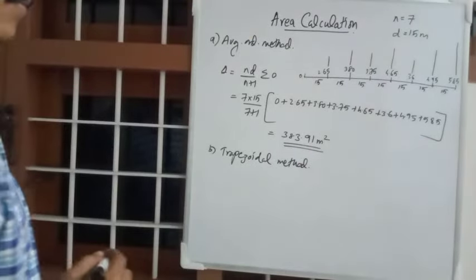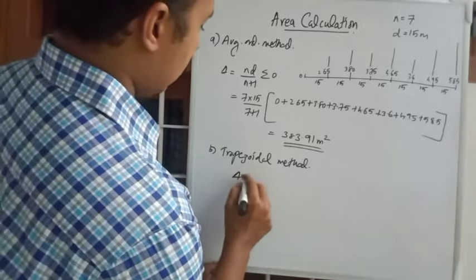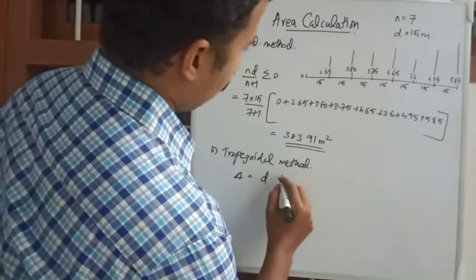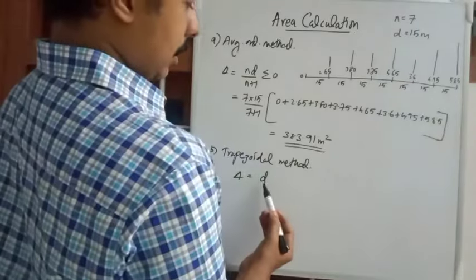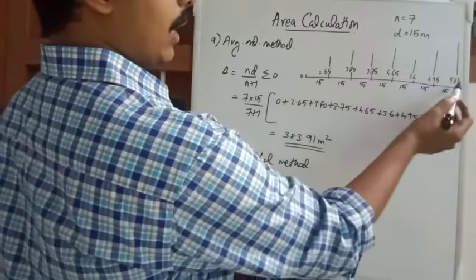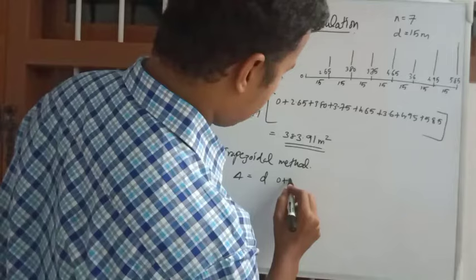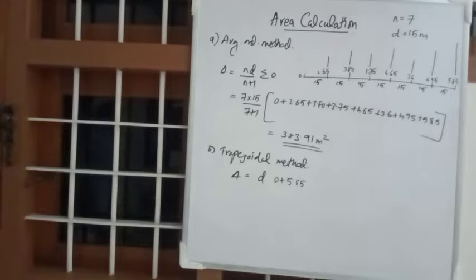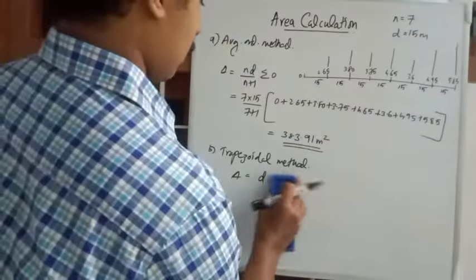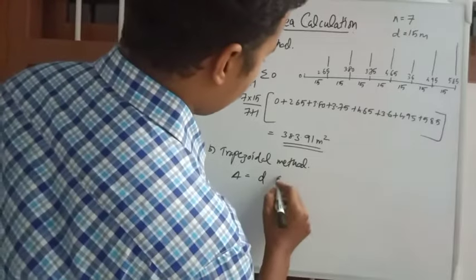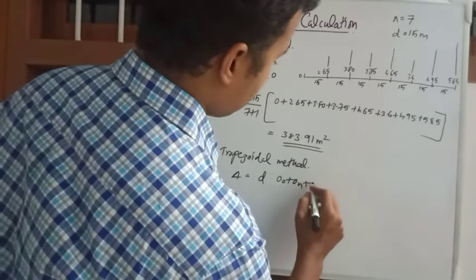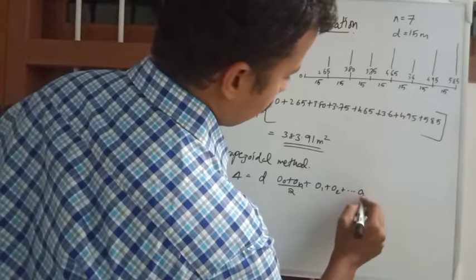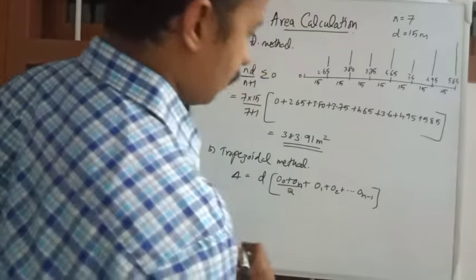Second one, B, the trapezoidal method. The equation is area is equal to D into O0 plus On divided by 2 plus O1 plus O2 plus etc. up to On minus 1.